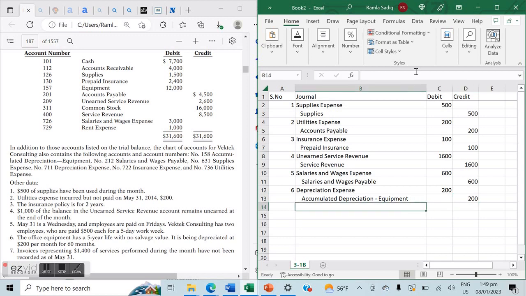But real quick, if we understand the calculation, it'll give clarity for future adjustments. If we look at the value of our asset, equipment is worth $12,000. Now, they don't mention any salvage value over here, so we just want to take the book value of the asset and we want to divide it by its useful life. And again, useful life is to be translated in terms of the time frame that we're looking at, because we're looking at it on a single month basis.